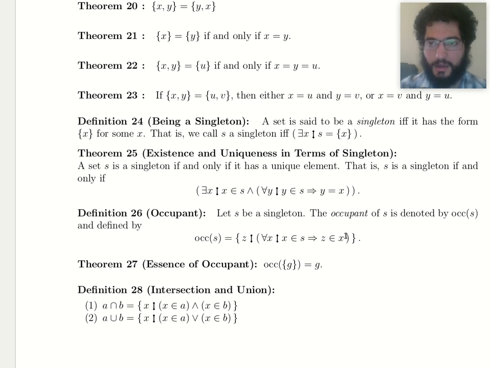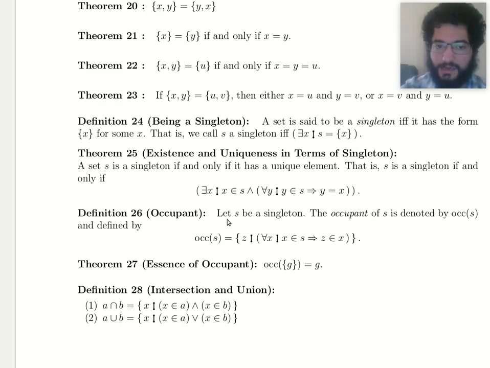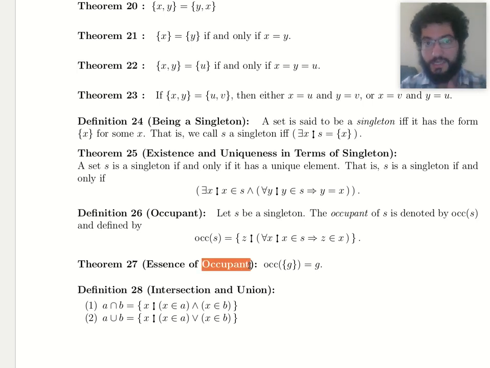So the whole problem with trying to say what is f of u goes all the way back to this idea of what happens when you try to refer to the unique green thing in a context where you don't know that there is a unique green thing. There might be more than one green thing. So it's this whole problem of trying to extract the one element from a set that doesn't have one element.